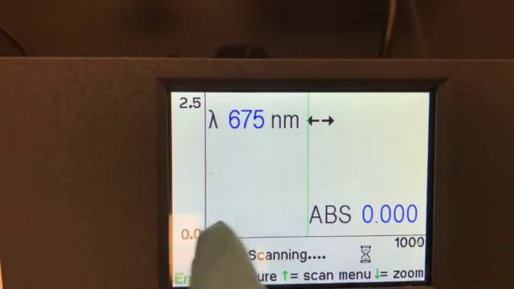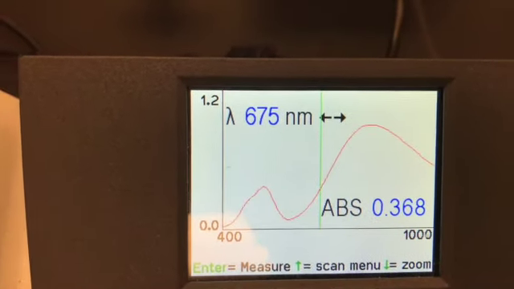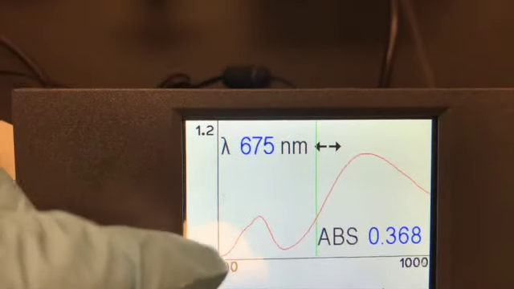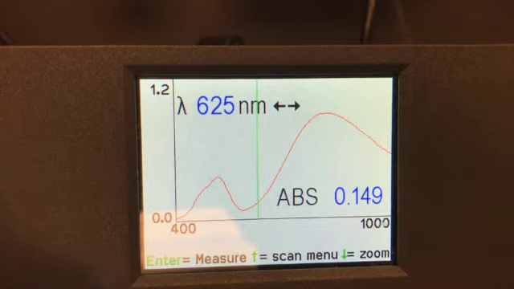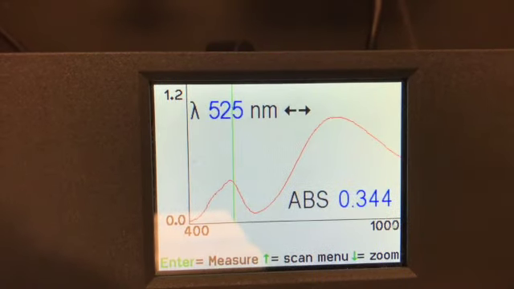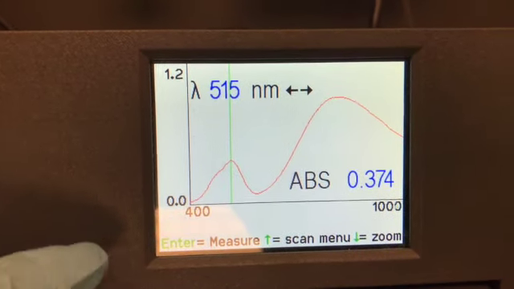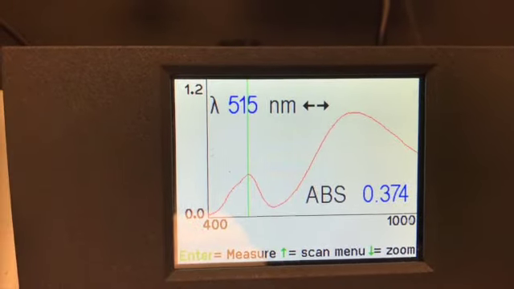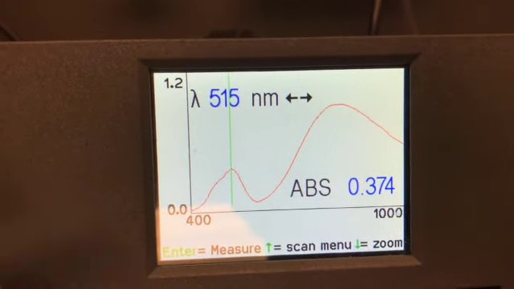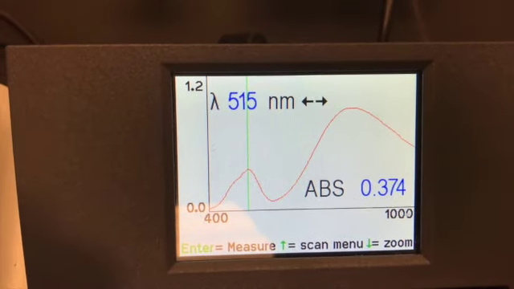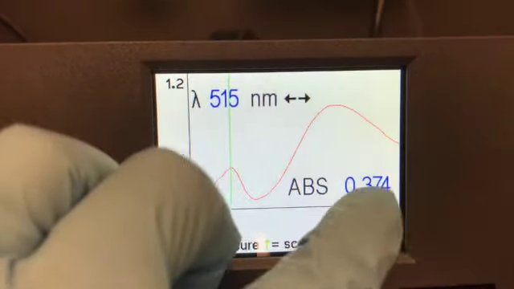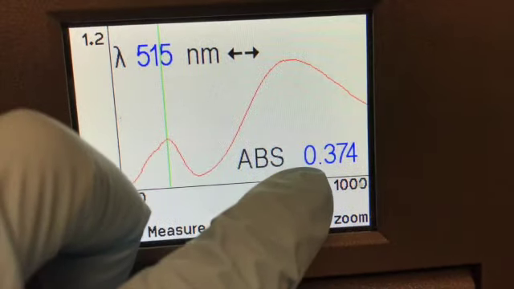Along the x-axis is the wavelength that's being scanned, and along the y-axis is the absorbance that we're going to measure. So we want to know what the absorbance is at the peak, the first peak, that is close to around 515 nanometers. So we're recording at 515 nanometers, the absorbance is 0.374.